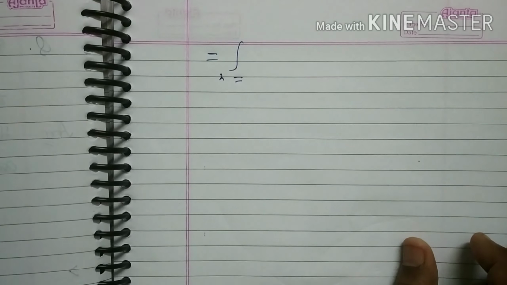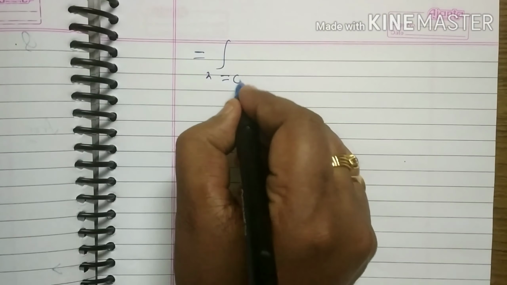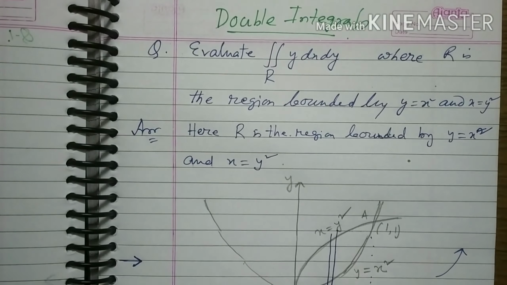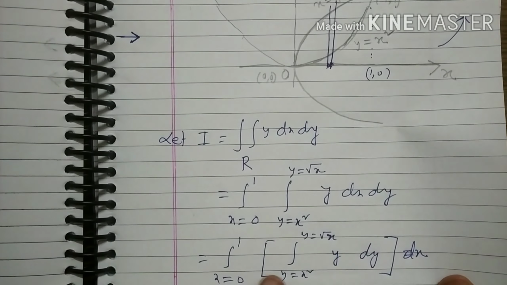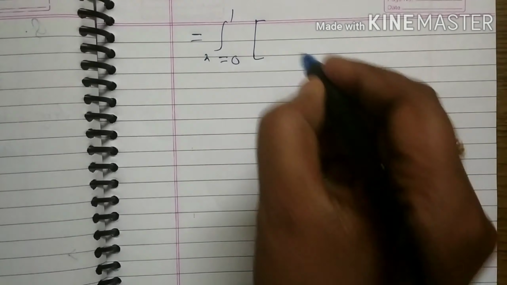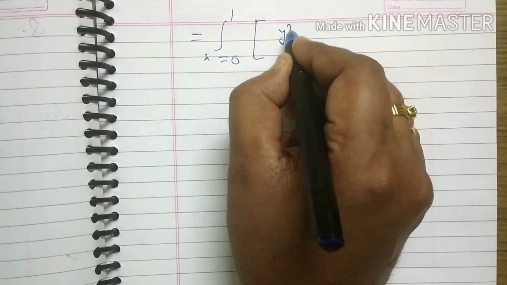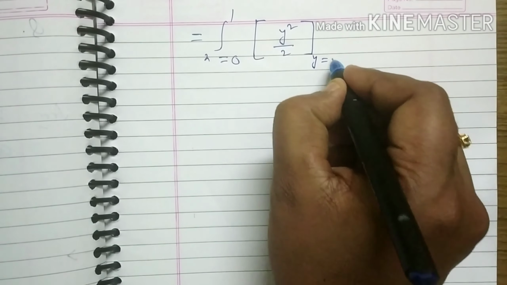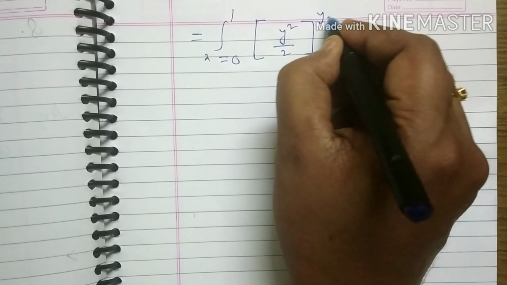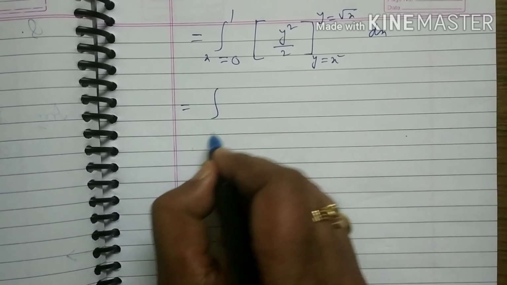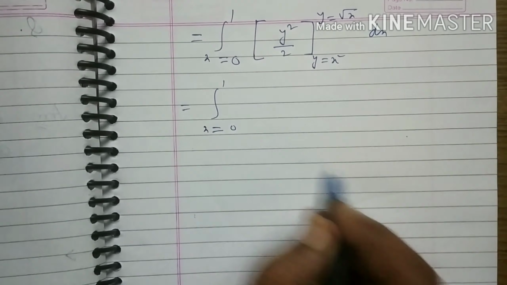x equals 0 to 1. The y integration is y square by 2. So please write y square by 2, y equals x square to y equals root x, dx, x equals 0 to 1.